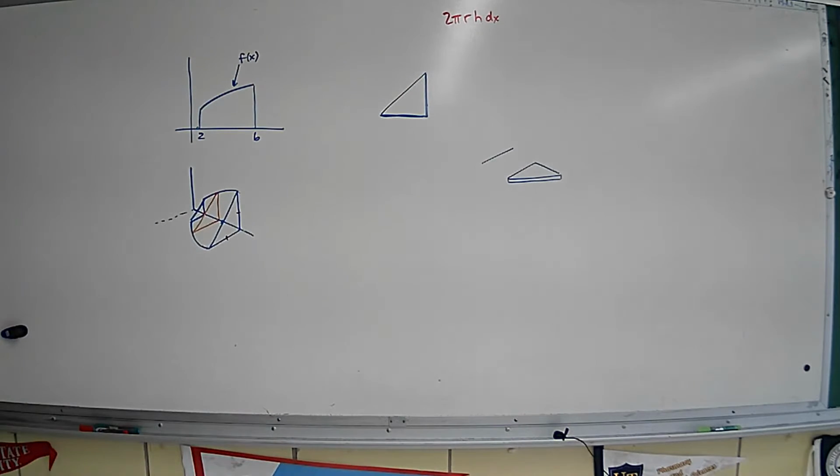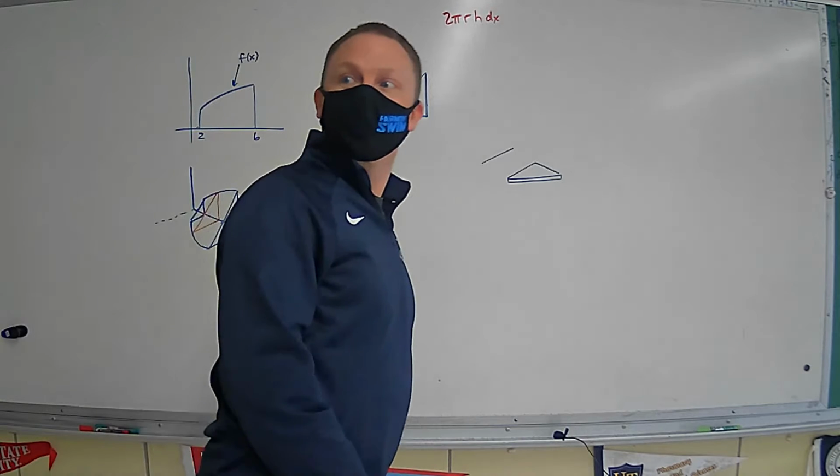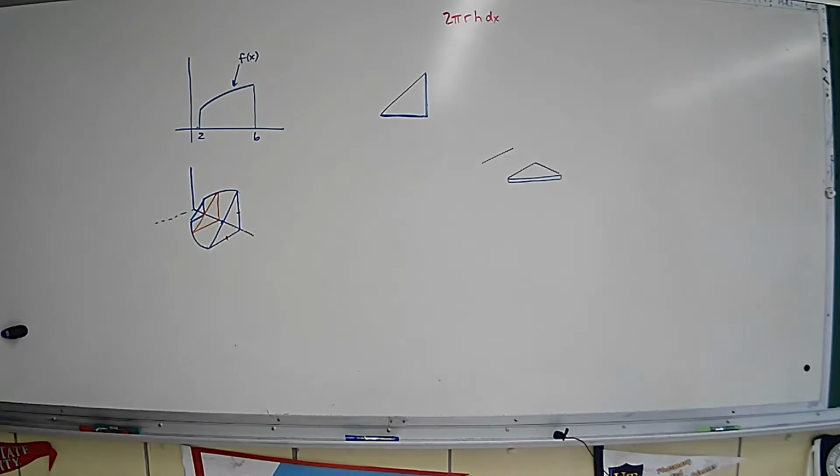You don't know the volume of a triangle because triangles don't have volumes. The triangular slabs have volumes: 1/2 base times height times some thickness. How thick is the slice?